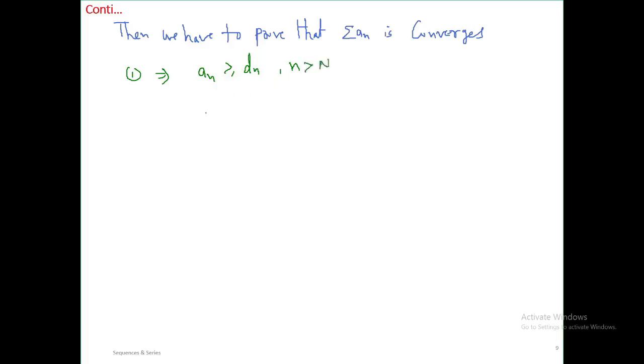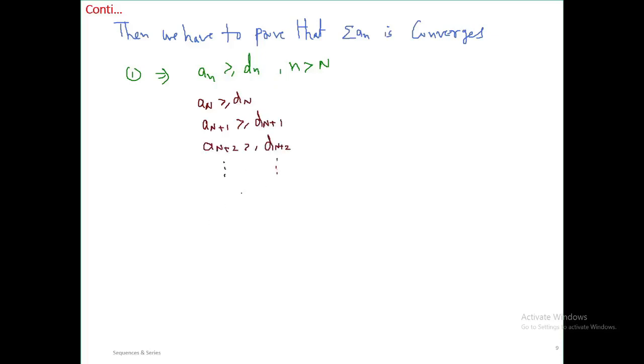Now expand it. After expansion, what will we get here? a capital N is more than or equal to d capital N, and a capital N plus 1, same like the first one, is more than or equal to d capital N plus 1, right? So a capital N plus 2 is more than or equal to d capital N plus 2, and so on.